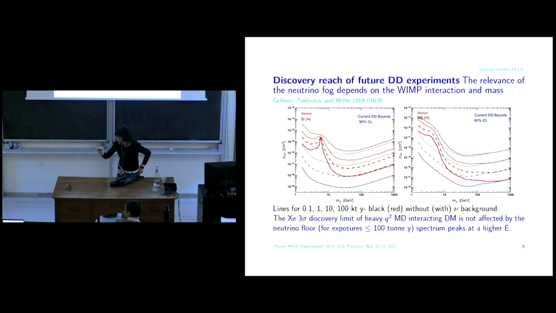If you have direction, it will be completely different. That is true. If you have directionality, that changes quite a bit. Because once you have directionality, you can perfectly distinguish if something is coming from the sun or is coming from the direction of Cygnus.